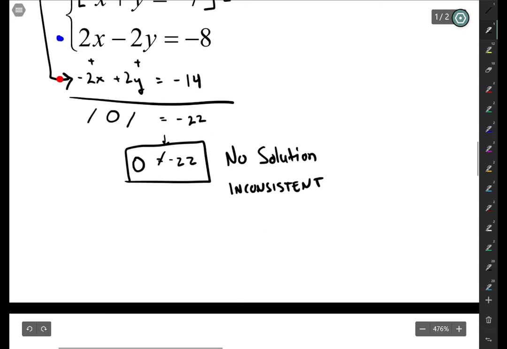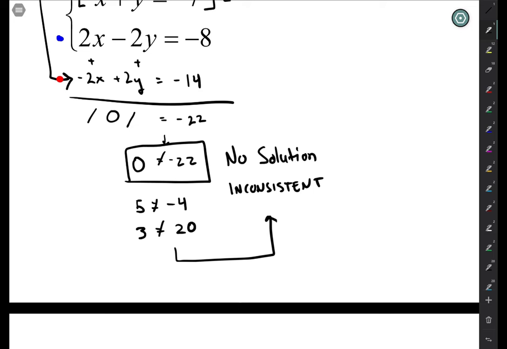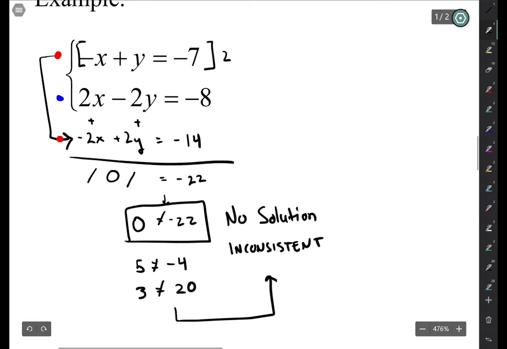To clarify, if you have something like 5 equals negative 4 or 3 equals 20, all of those are examples that would lead to an inconsistent system. So it doesn't just have to be 0. That's what will usually happen with elimination.